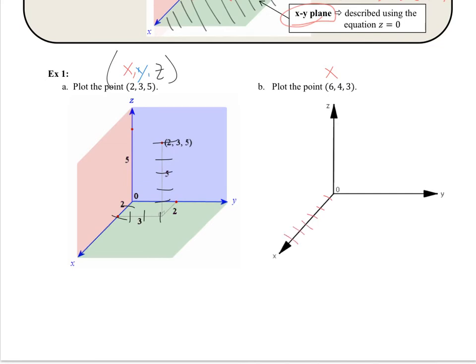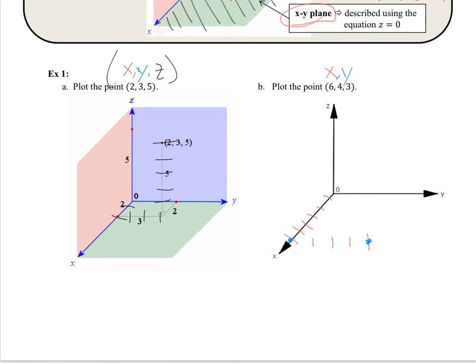So this is our first point on the x-axis. Now for the y-axis, we need to move over 4, so we go parallel to the y-axis 4 units: 1, 2, 3, 4. So this is where our point is on the XY plane.